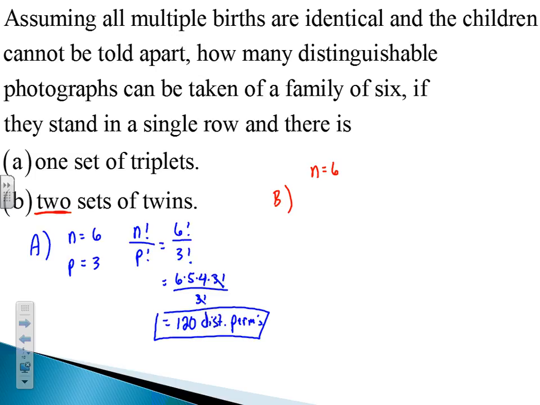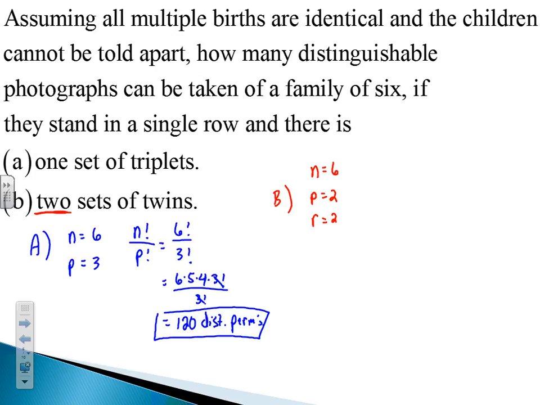So I might have P to represent 1 set of twins, and so there's 2 people there. Then I might say R to represent this other set of twins, which again makes up 2 people. So that is the difference for a distinguishable permutation, meaning that I might have more than 1 unique element.